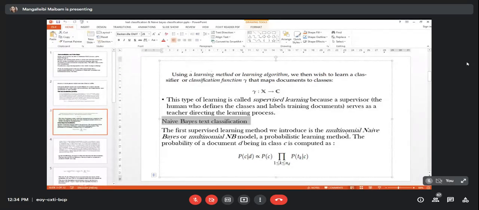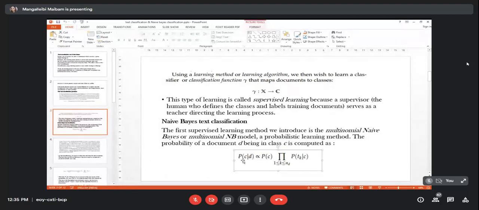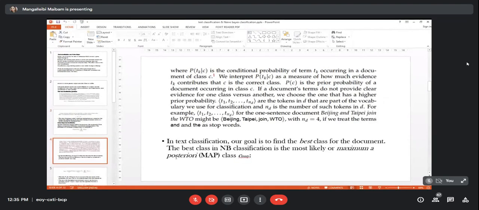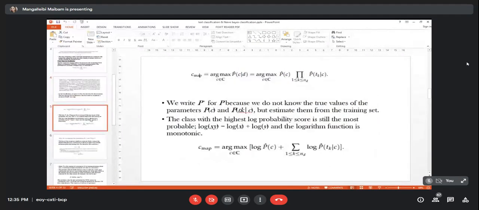So we introduce the multinomial naive Bayes model, a probabilistic learning method, where the probability of a document D being in class C is computed using this formula. We will see the calculation so that we understand where the calculation part is.